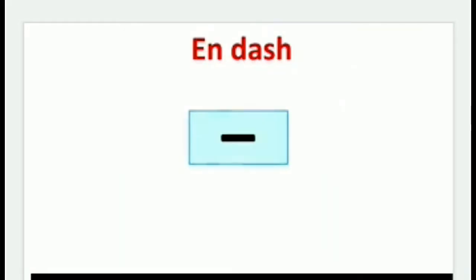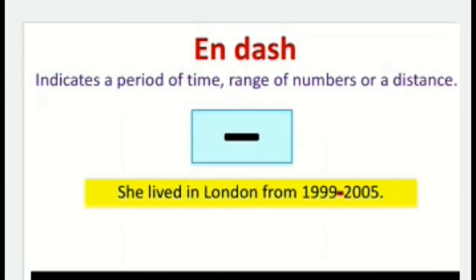And then the en dash. The en dash indicates a period of time, a range of numbers, or a distance.